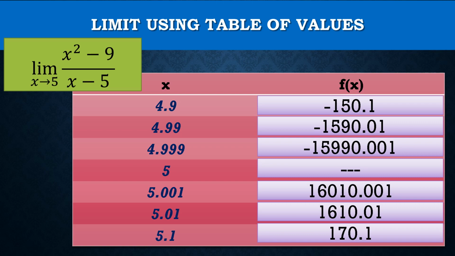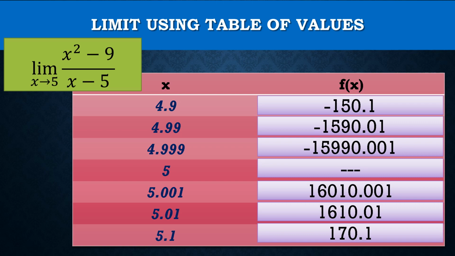So let's analyze the values of your f of x. As x approaches 5, from the left muna tayo. Etong nasa taas. So from negative 150, naging negative 1,590, naging negative 15,990. So ibig sabihin yung values ng f of x natin is approaching to what? To negative infinity. So limit ng left-hand function natin is negative infinity. Paliit ng paliit ng paliit.